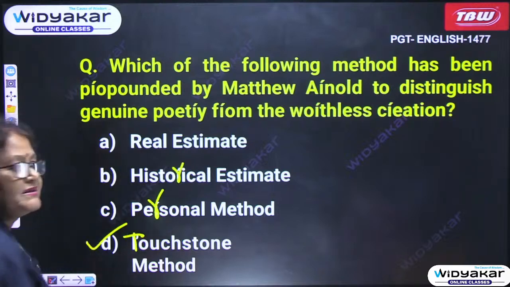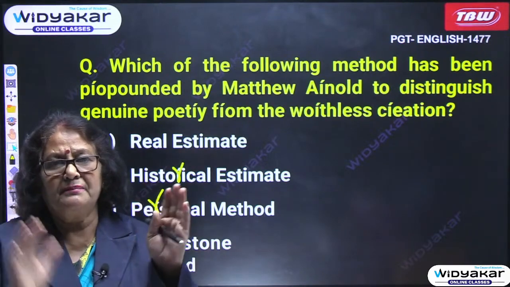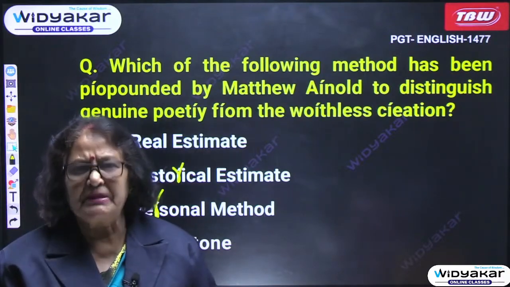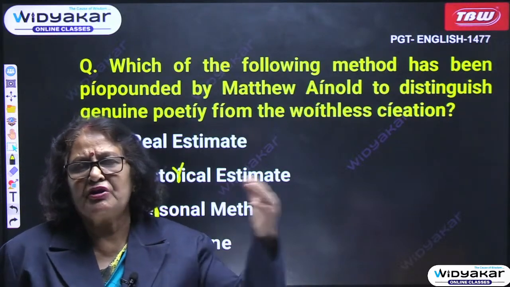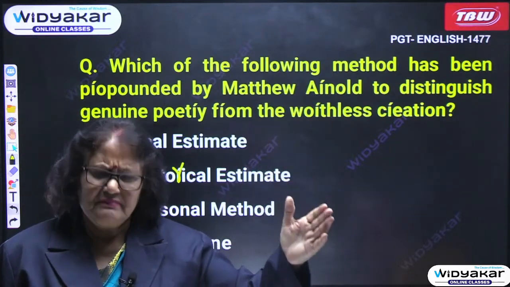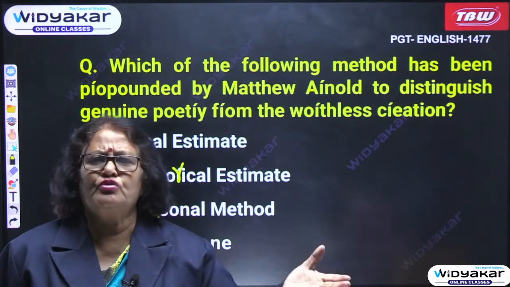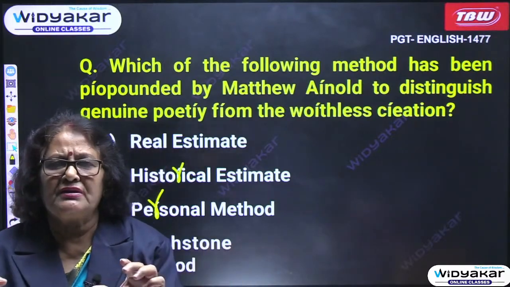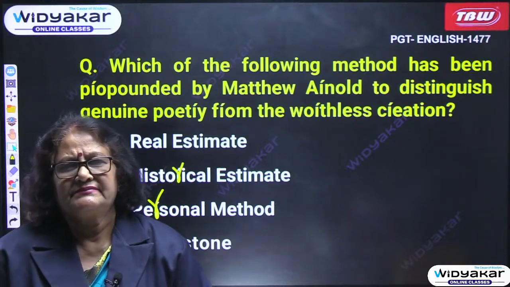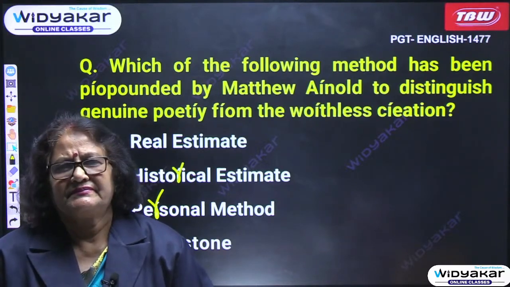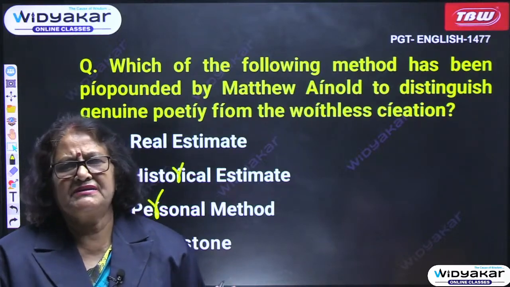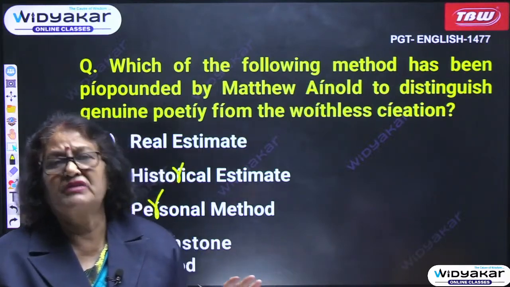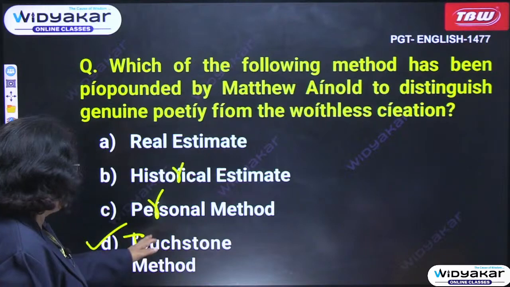Take a few lines from your poem and compare them with lines of a great poet like Homer, Virgil, Dante, Shakespeare or Milton. Take three or four lines, compare and analyze. If it stands up to expectation, it is great poetry. If it doesn't stand, then it is worthless poetry. So it is the touchstone method.